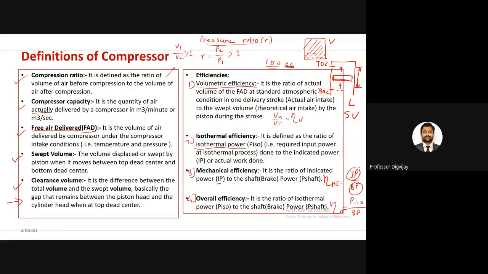Mechanical efficiency is IP divided by BP. Overall efficiency is isothermal power divided by brake power. Volumetric efficiency is equal to actual volume delivered divided by the swept volume of the cylinder, right?